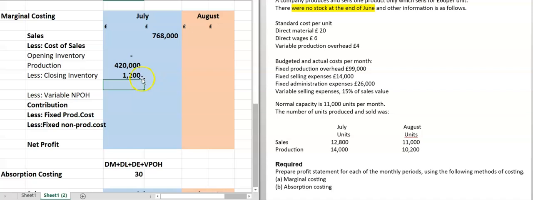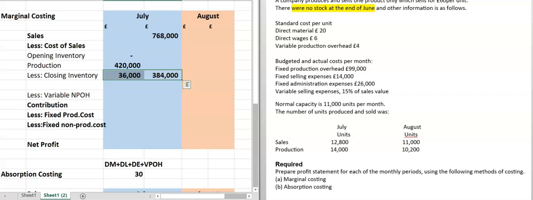So you get 1,200 units that are remaining at the end of July, into the same 30 pounds. So you get 36,000. So you get 420,000 minus, because there is less closing inventory, minus 36,000, you are getting 384,000. Okay.